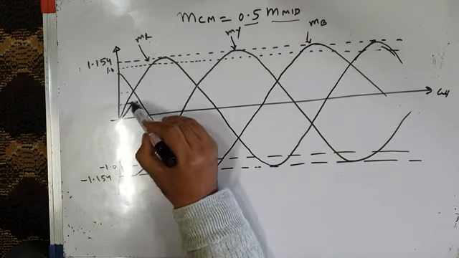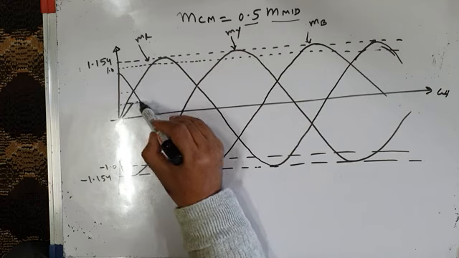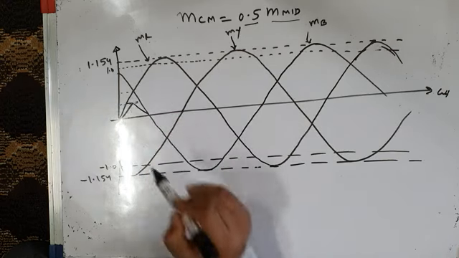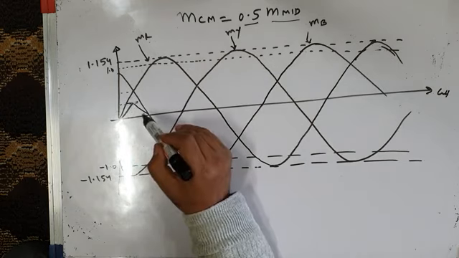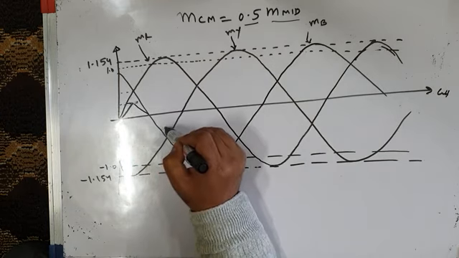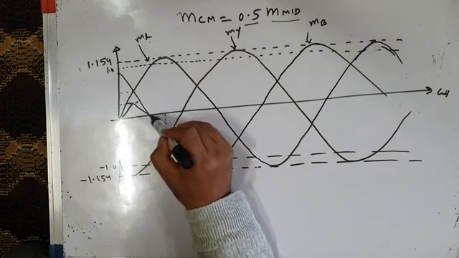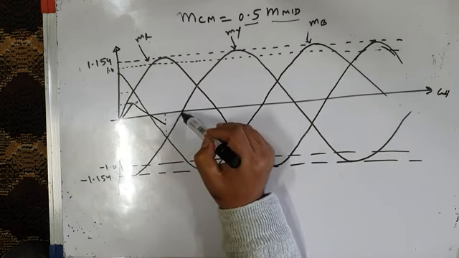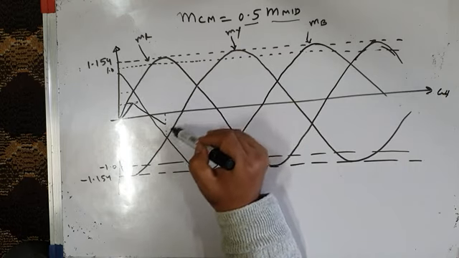This is 0.5 MR and this is 0.5 MB. From 60 to 90 degrees, it is again 0.5 MB, half. From 90 to 120 degrees, it's 0.5 MY, because MY is middle.